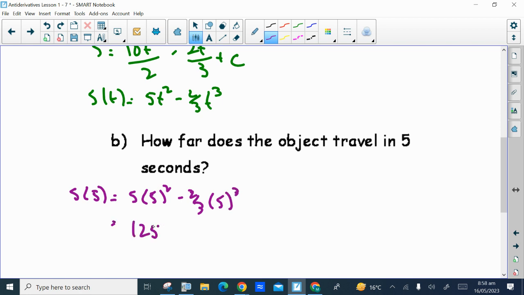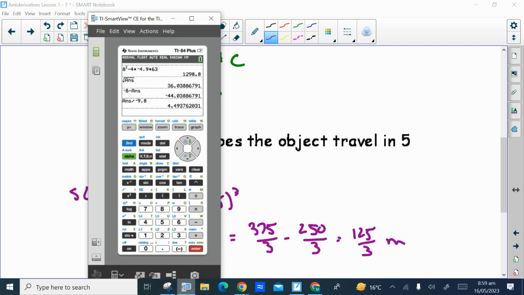So that'll be 125 minus 5 cubed is 125 times 2 is 250 over 3. So again, we could get a common denominator there of 3. It'll be 375 over 3 minus 250 over 3, which is 125 over 3 meters.